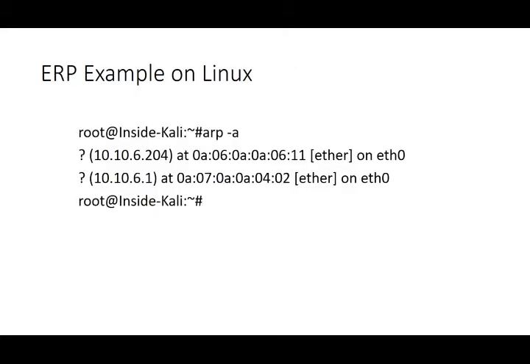In another example, if we have an Ubuntu or Kali server, we can issue the arp -a command, and you will notice the result will be like 10.10.6.204, and then the MAC address of the Ethernet card, in my case eth0. So again, we have those three ways. We could separate it with a dot, colon, or dash, as you have seen here.